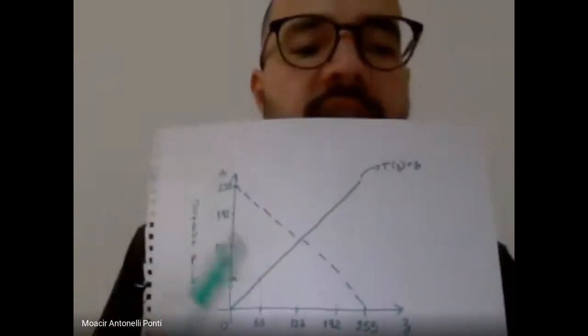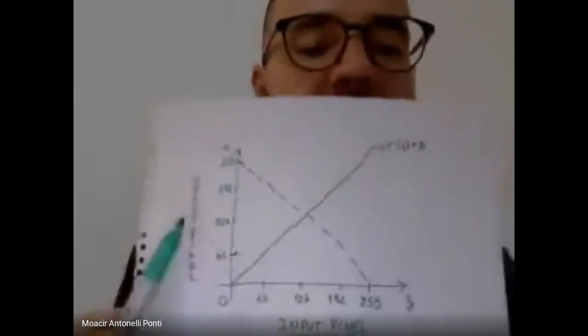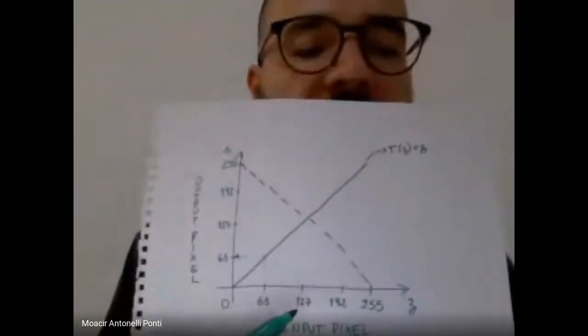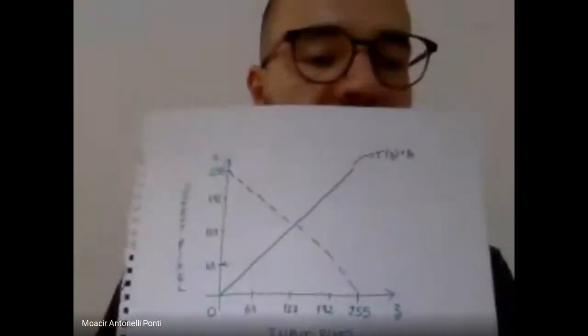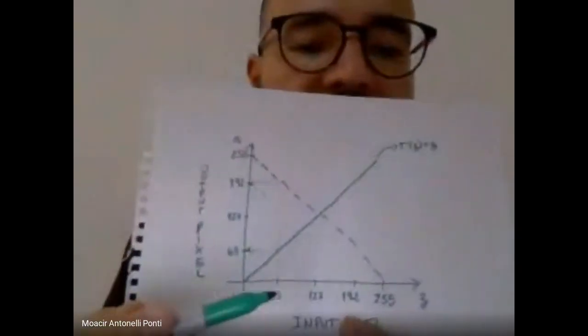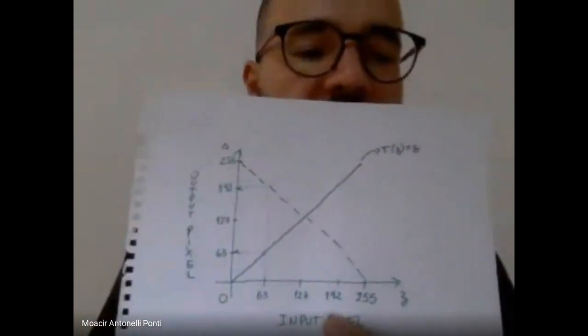As you can see, the only case that it maps input pixel to the same output value is 127. Apart from that, everything else is inverted. So if I have the 63 value as input, that's going to map to 192. So a 63 as input will output 192.